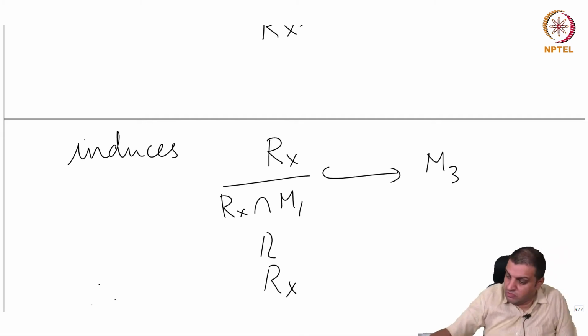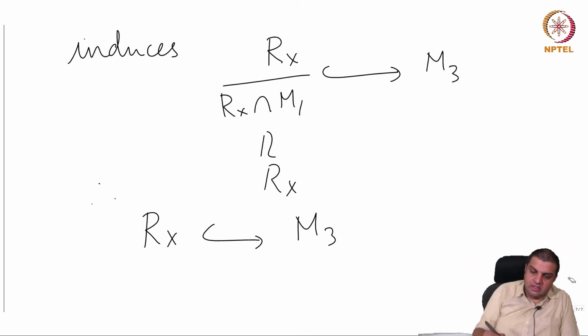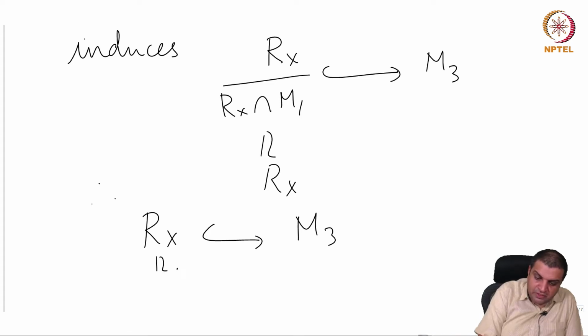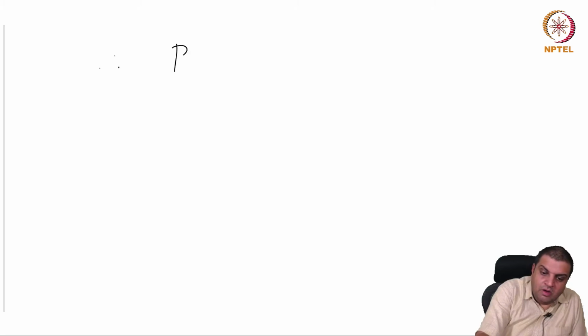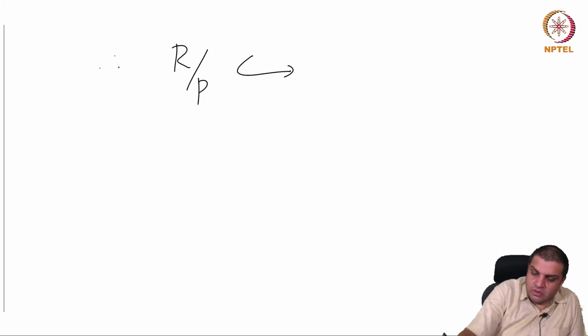Okay. So Rx, but this is isomorphic to R mod P, so therefore R mod P injects into M3.